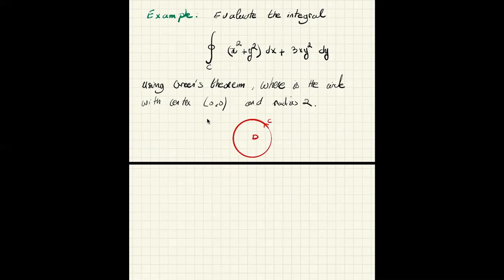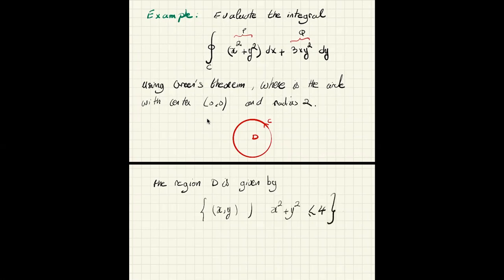So this is P, and this is Q. The region D is a circle of radius 2.